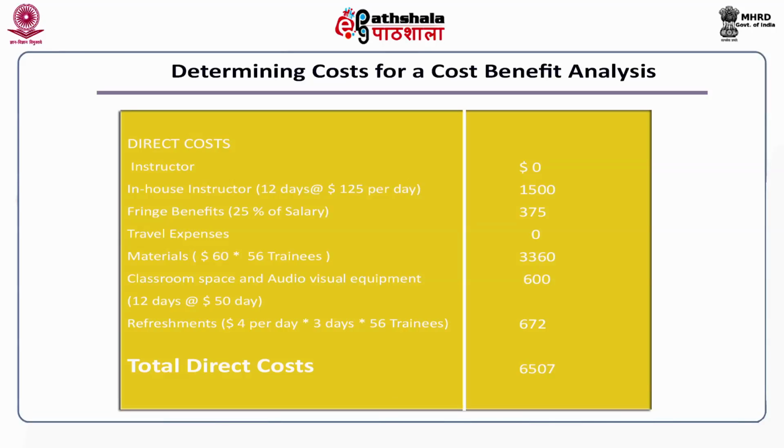Cost of refreshment for 56 trainees for 3 days at the rate of $4 per day would come out to be around $672. So, by adding all these heads, total direct costs can be calculated, which will come out to be around $6,507.